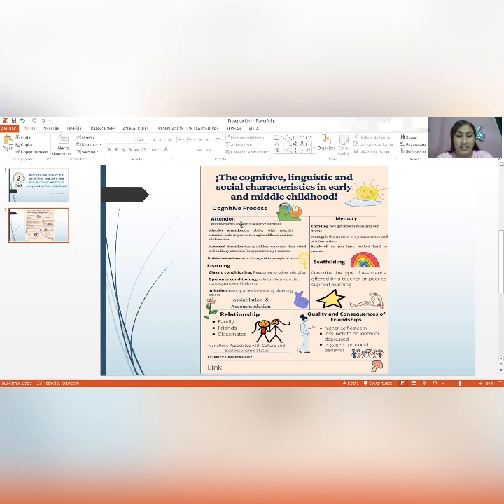For example, attention, that means improving selective attention. Selective attention is the ability that improves through childhood into adolescence, for example. The other is sustained attention.